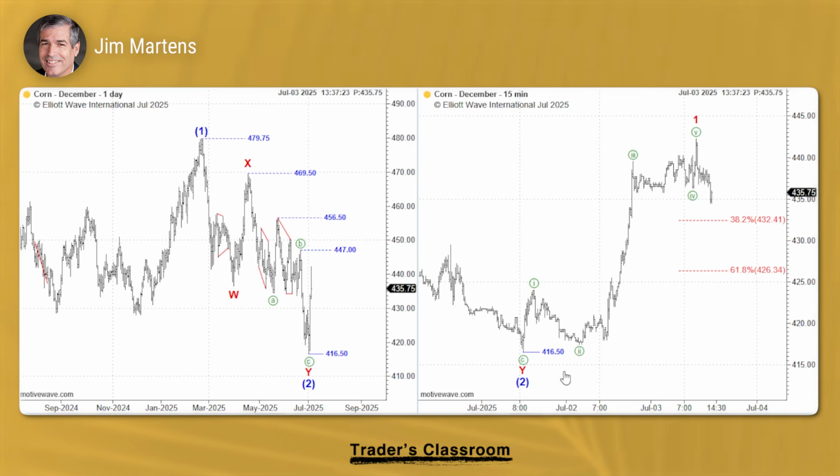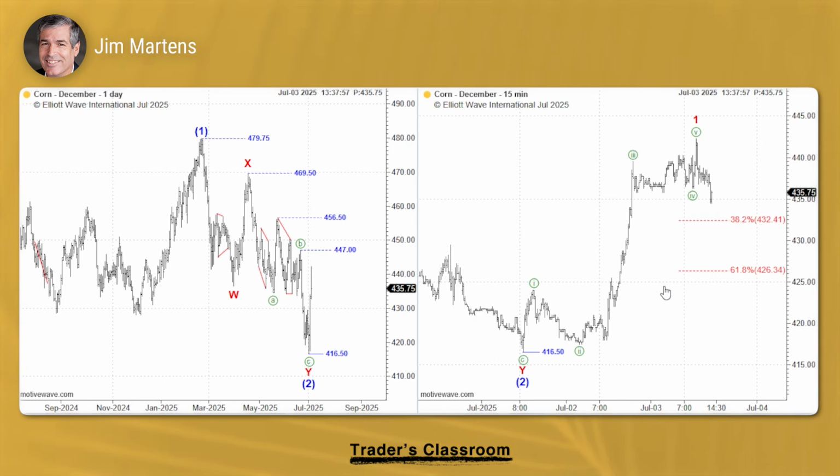From that 416.5 low, I counted a possible 5-wave rally. And if it's true that that is a 5-wave rally, just what we spoke about from the Elliott Wave Principle book kicks in here. You say, well, what should happen next? What should corn do? Well, that 416.5 is what could be a significant low given the decline into it.